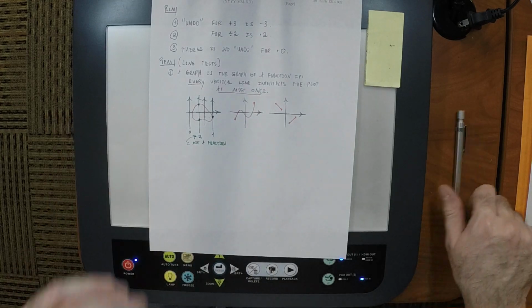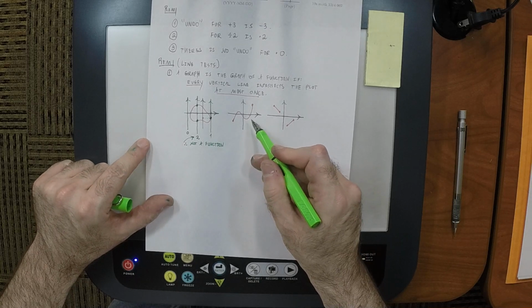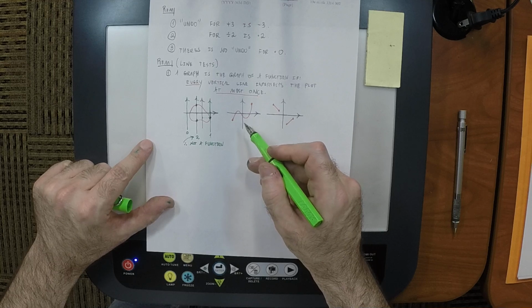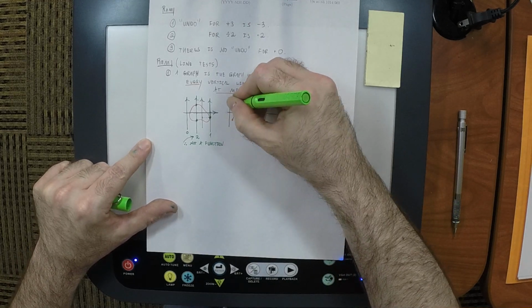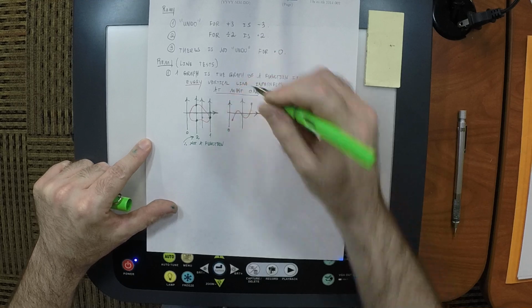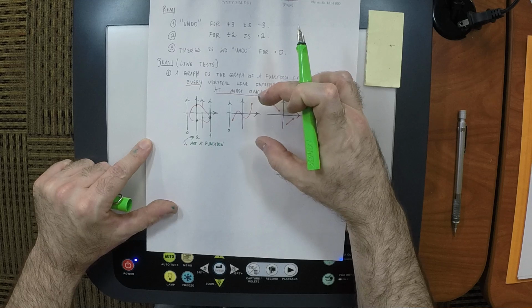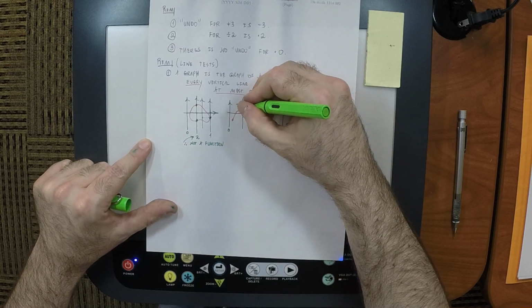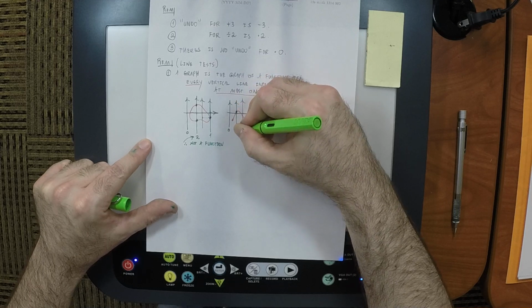All right. How about this one? Is this a function? Does every vertical line intersect at most once? Yeah. Because over here you can see that lines further to the left would intersect 0 times. Similarly, if I was way over here. But then if I'm anywhere in the middle, like here-ish, you can see that that's 1 intersection.